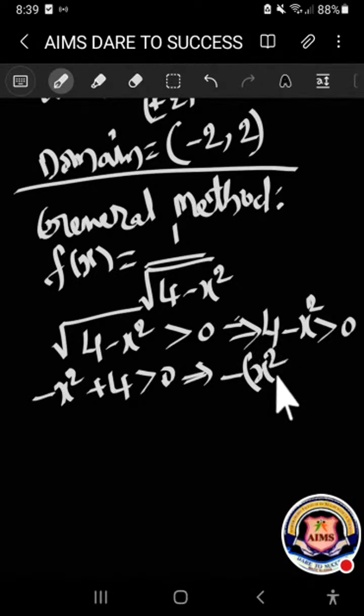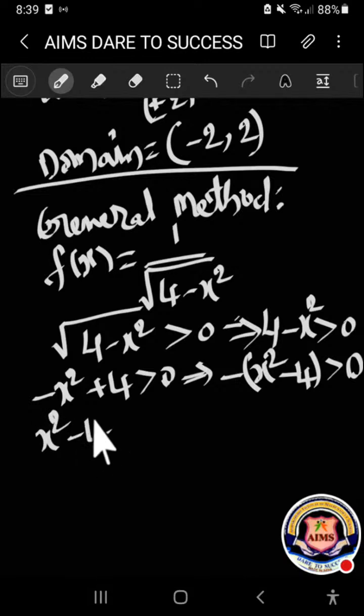Why? Because the x square coefficient must be positive. So remaining minus 4. Why? Because minus of minus is plus. Slowly this minus coming into the right side, we get x square minus 4. Minus coming to this side, the greater than symbol changes to less than 0.